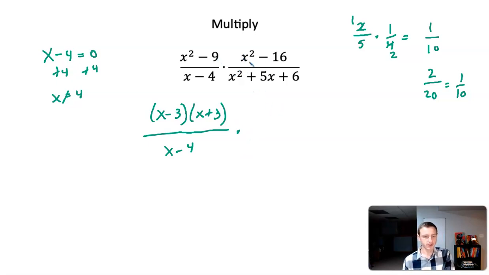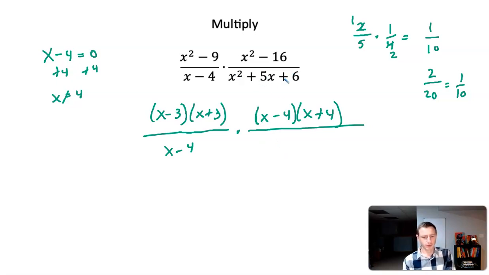So on the top here, this is another difference of two squares, x squared minus 16. x squared is a perfect square. 16 is a perfect square. So x minus 4 times x plus 4. Then on the bottom we have a trinomial, a quadratic here.